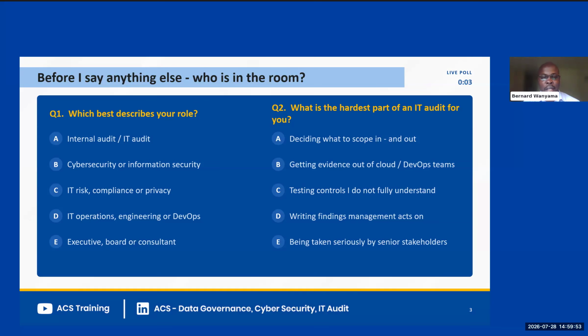Is it being able to test controls that you don't fully understand? Or is it on the other side of report writing and engaging the senior stakeholders to get the level of seriousness that these findings and recommendations deserve?